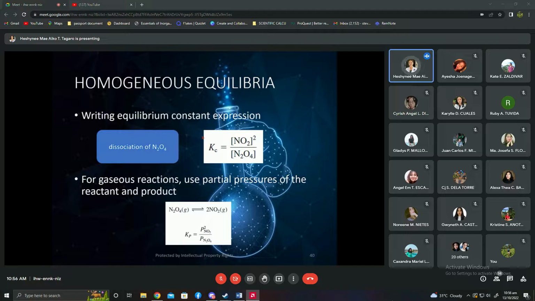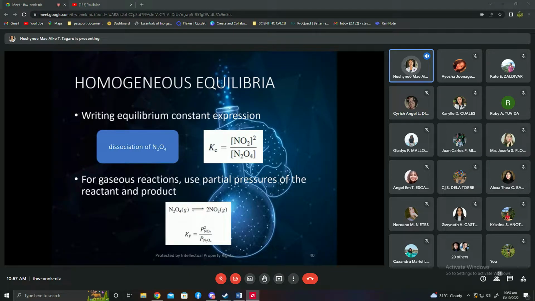Next, what about for gaseous reactions? For gases, we use partial pressures. So this is your Kp. P stands for pressure. As you can see, the way of writing Kp expressions is different. The reactants and products are not enclosed in brackets.